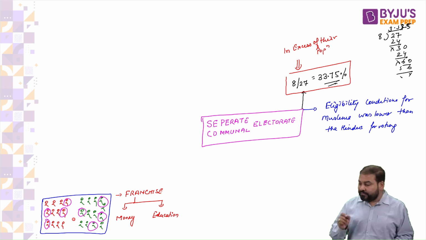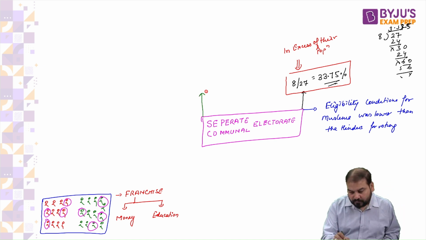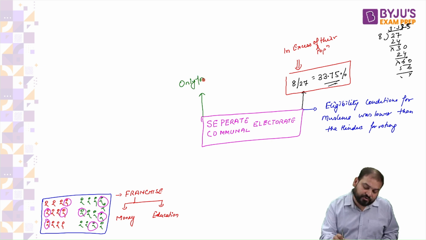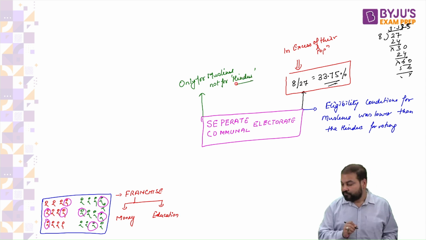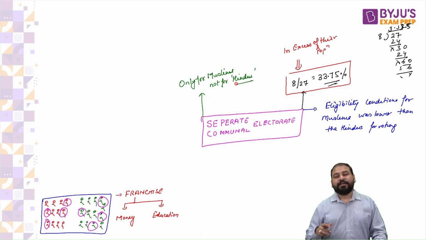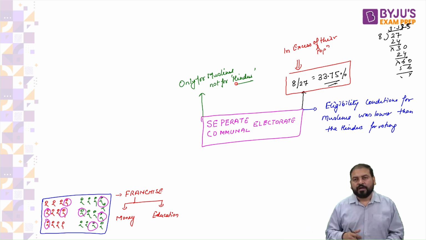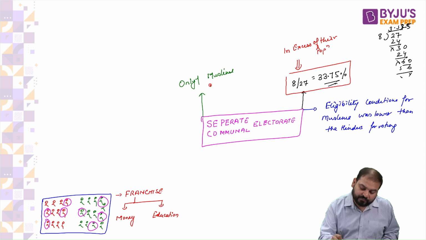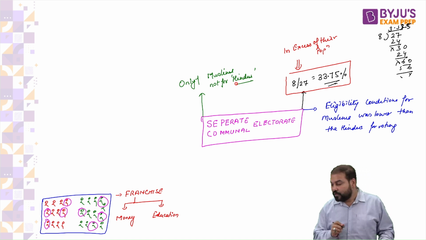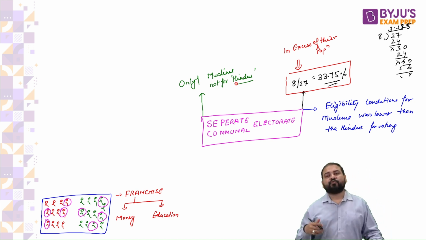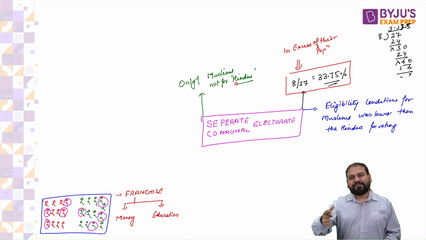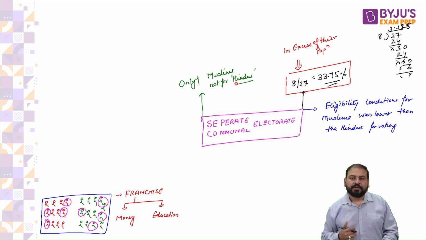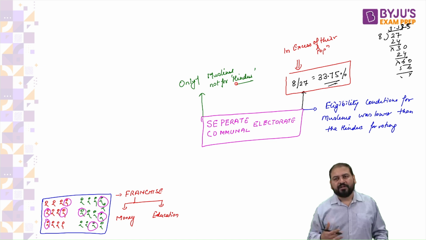Okay. Guys, the third problem. This separate electorate was only for the Muslims, not for, let's say, Hindus. Please understand. Guys, if today there is a seat reserved for a scheduled caste person, can an ST man, a general or OBC go and vote?